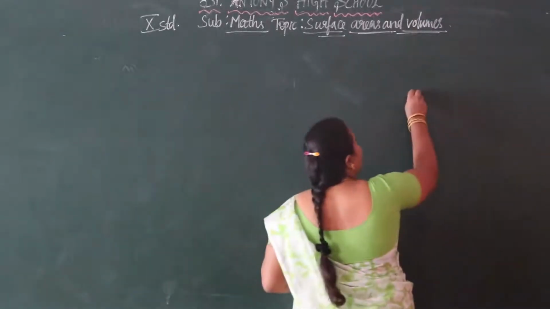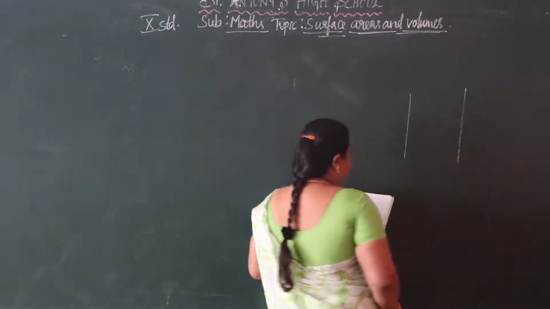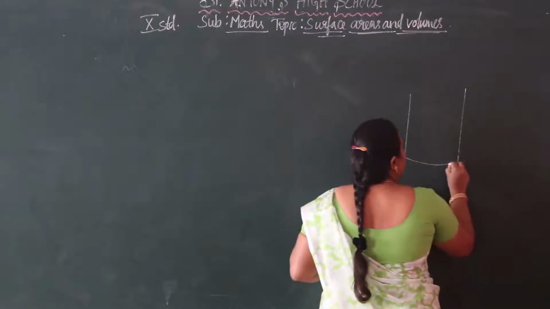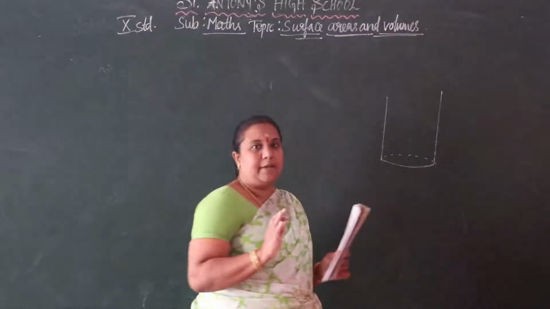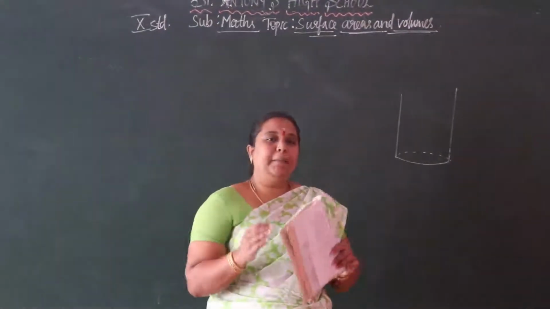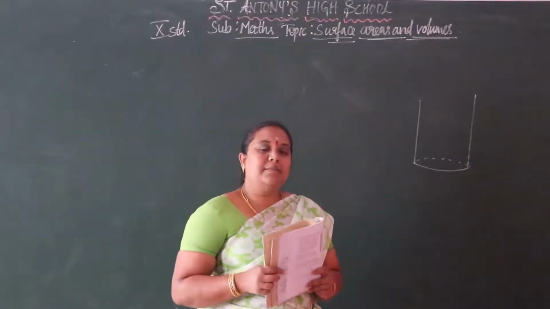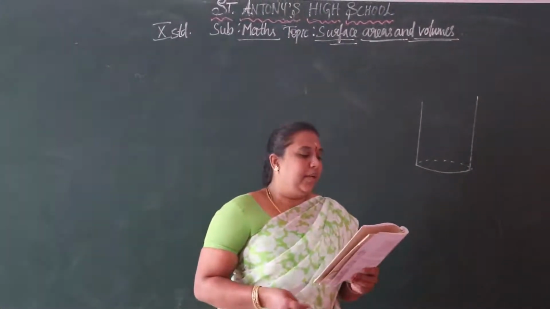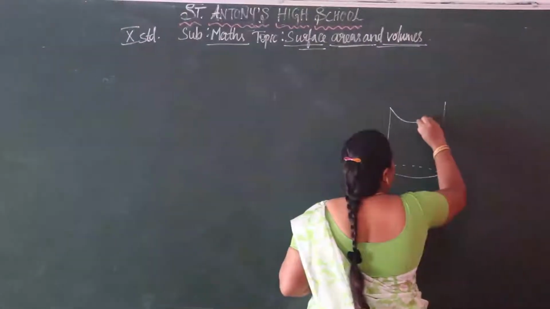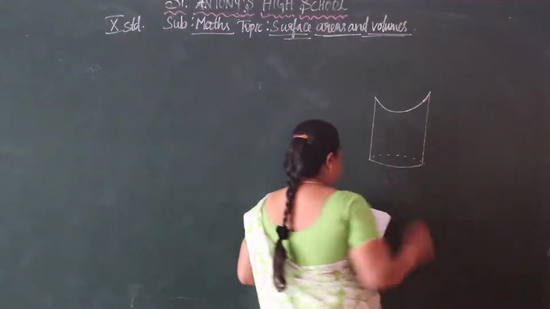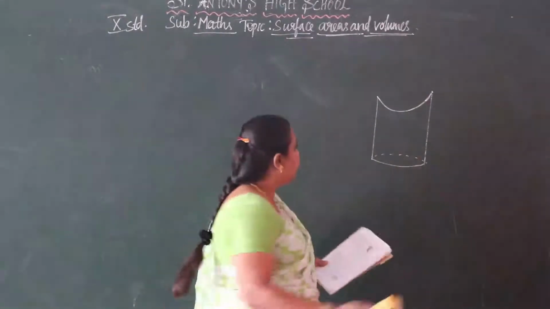So that is in the form of a cylindrical shape. This is a cylindrical shape, and the upper part of this cylindrical shape has a hemispherical depression, like this.